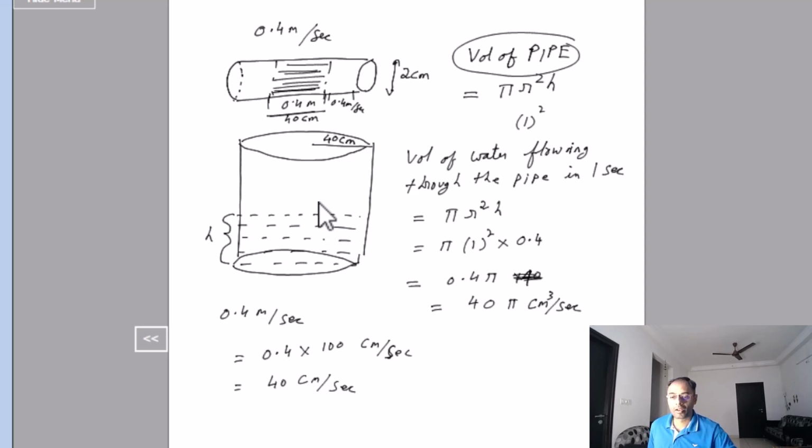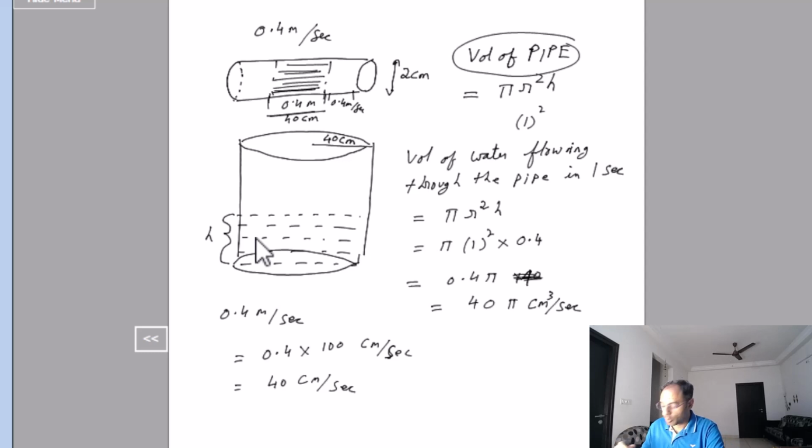So effectively, we are trying to just equate the volume of the pipe and the volume of the tank. Volume of the water that flows through the pipe in half an hour is the same as the volume of the tank, up to the height to which the water is filled.